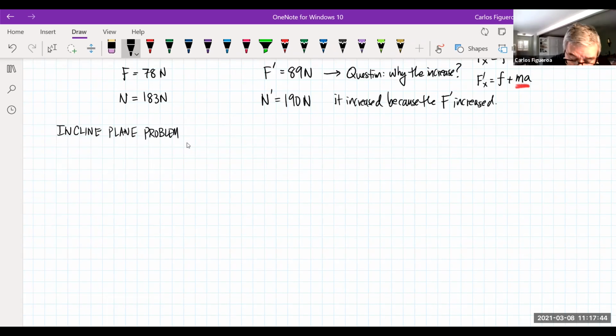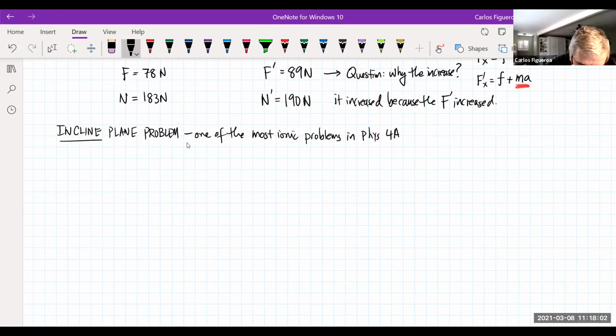I would say it's one of the most iconic problems in Physics 4A, without a doubt. Everybody assumes you know how to do this, okay? You know how to do this when you walk out of 4A.